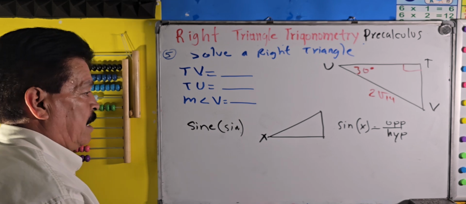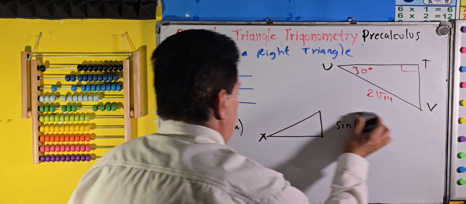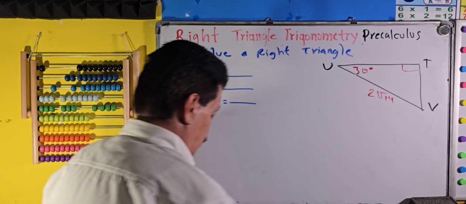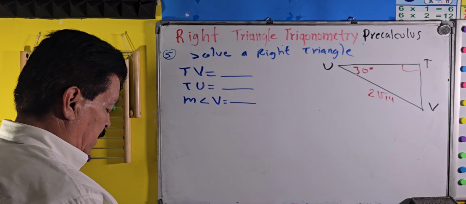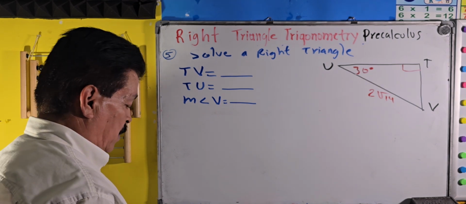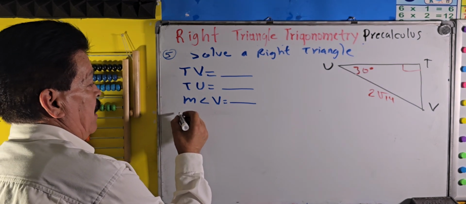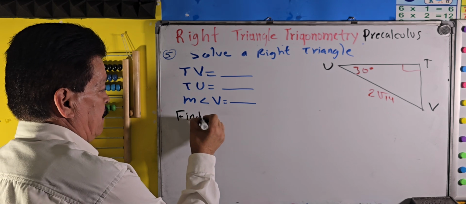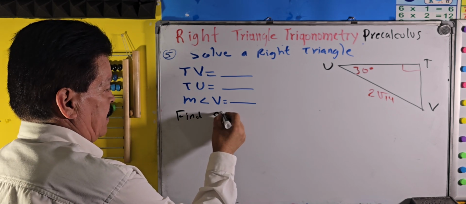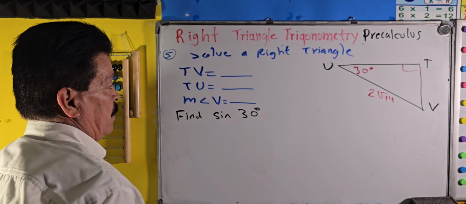We are going to work with this trigonometric ratio. So here we have to find the sine of 30 degrees.